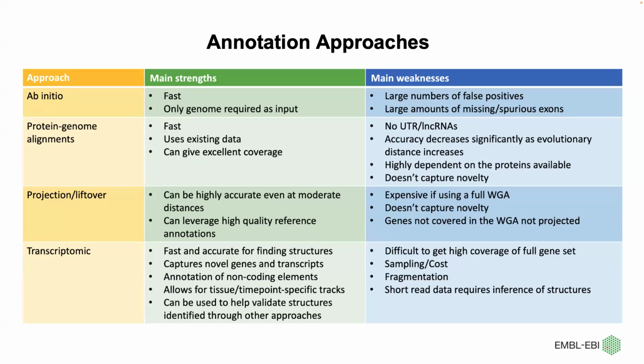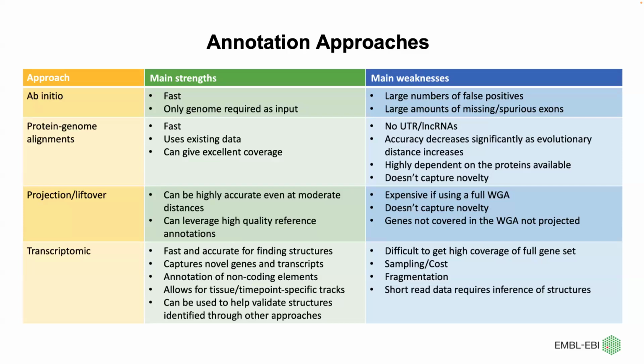These methods are usually very fast, and the only input that is required is a genome. However, these methods can lead to a large number of false positives because these methods are particularly useful when there is no transcriptomic data. So these methods can lead to a large amount of missing or spurious exons.